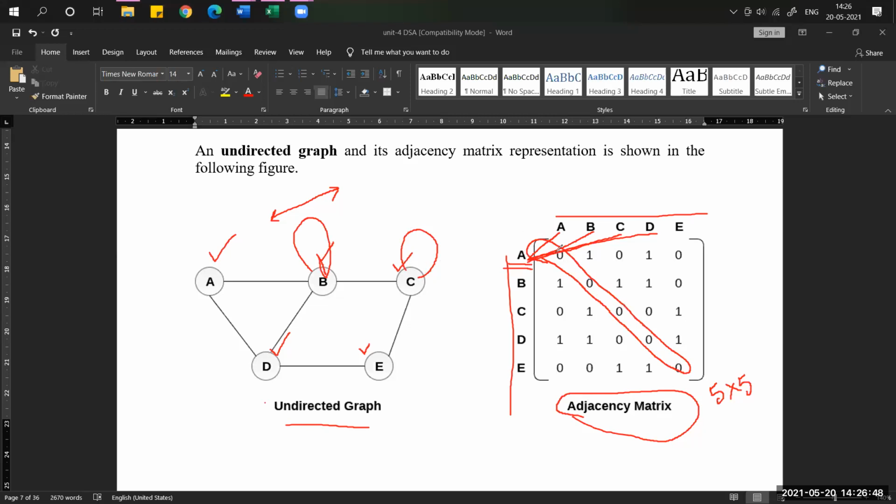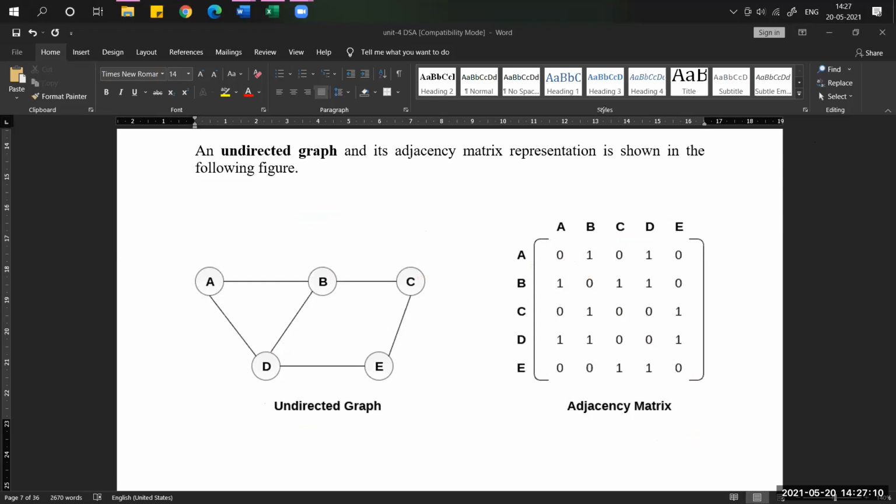If not, A to A is 0, B to B is 0, C to C is 0, D to D is 0, E to E is 0. So the whole diagonal is equal to 0 when you take an undirected graph. Okay, so this is the first type in sequential representation.